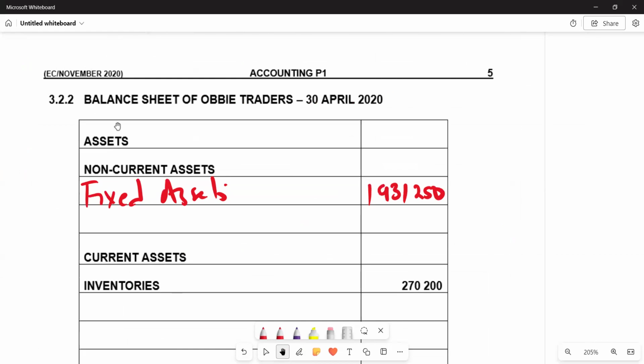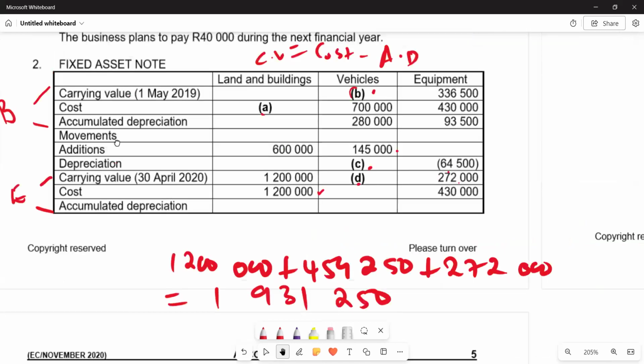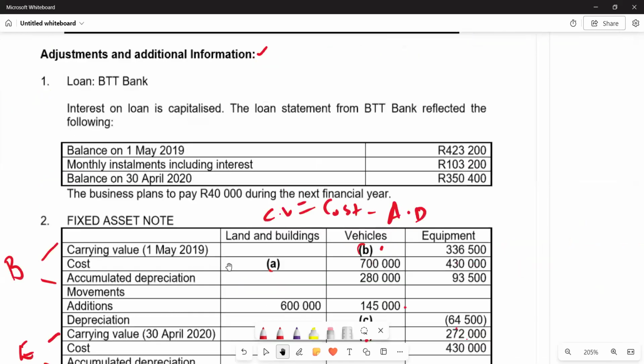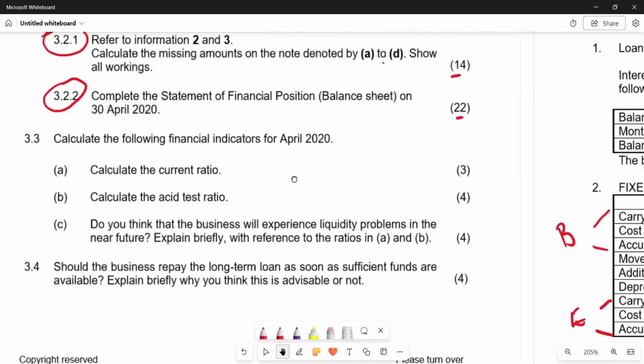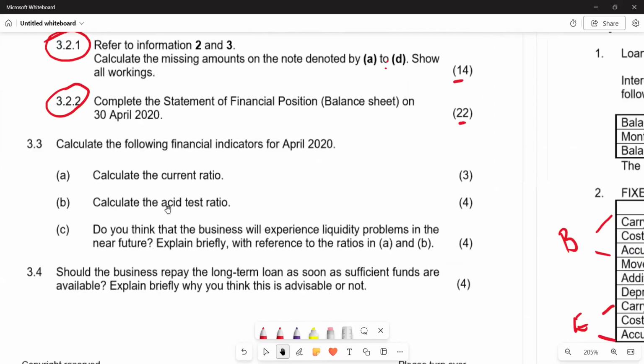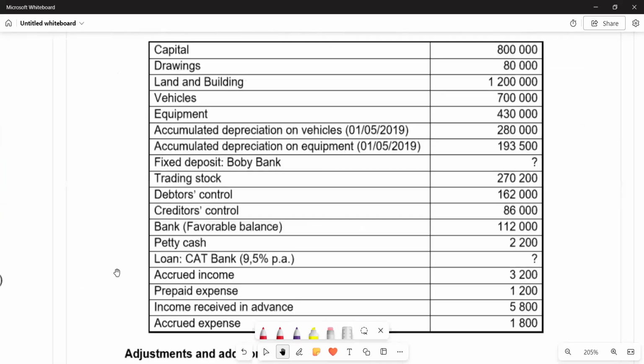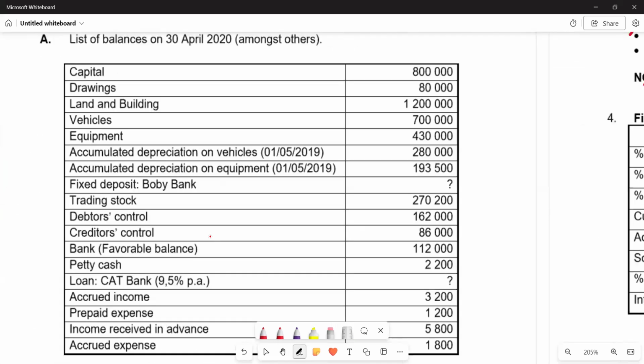in our question. Remember, fixed deposit is part of the financial assets. You see that according to the information that we are given, we have got fixed deposit as a question mark.